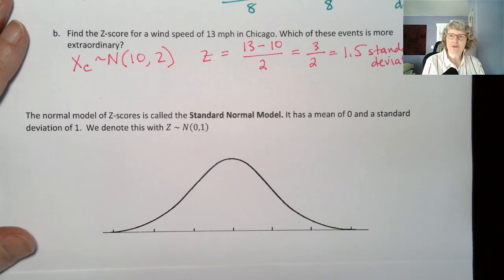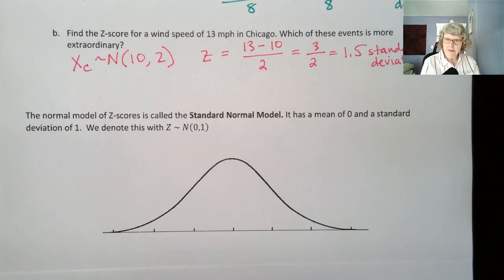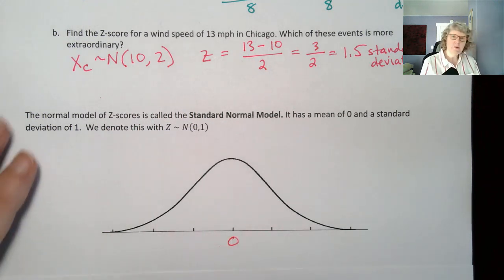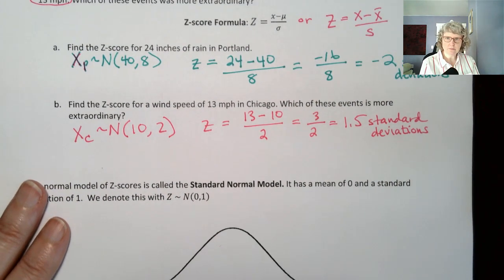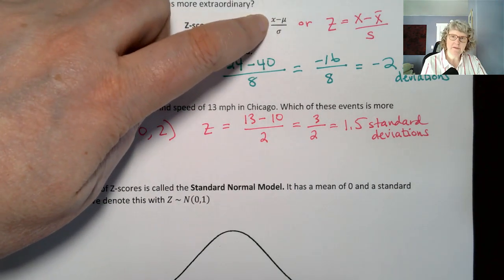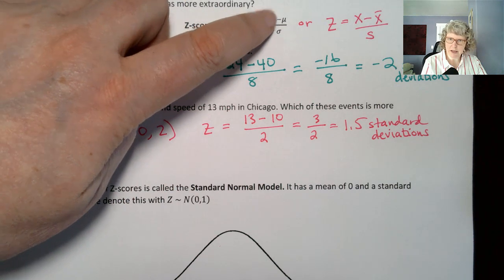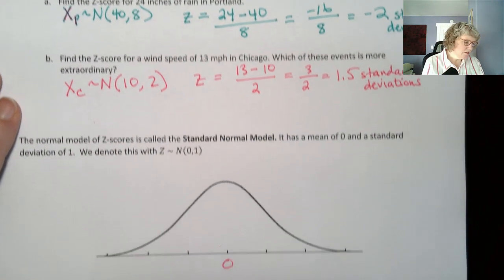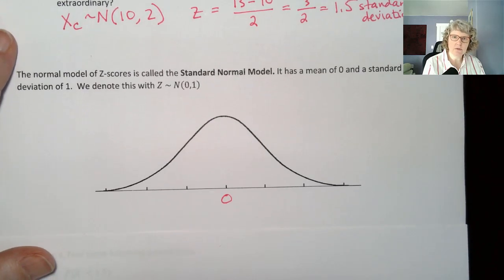If we were to make a graph of all these z-scores, that's called the standard normal model. It has a mean of 0 because you see how we subtract the mean? If we put the exact value for the mean in there, the mean minus the mean would be 0. So z-scores are always centered at 0.